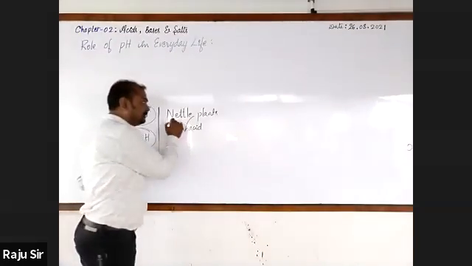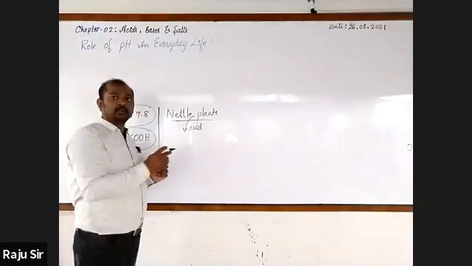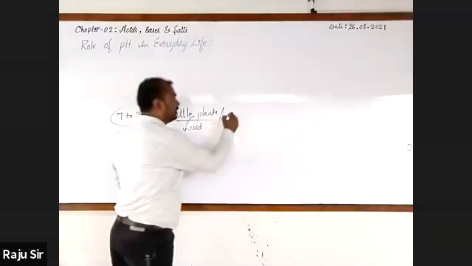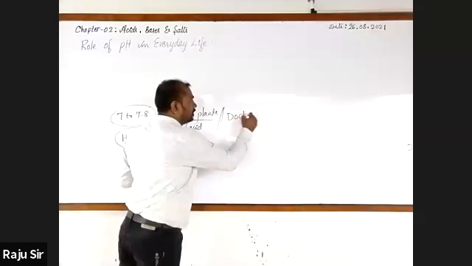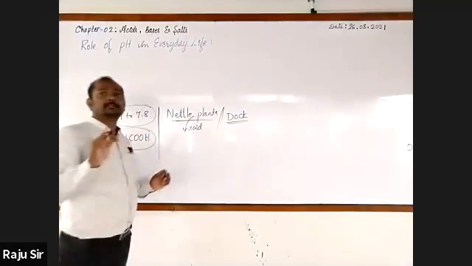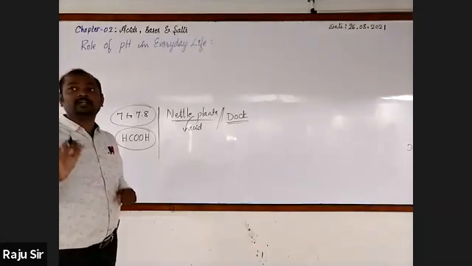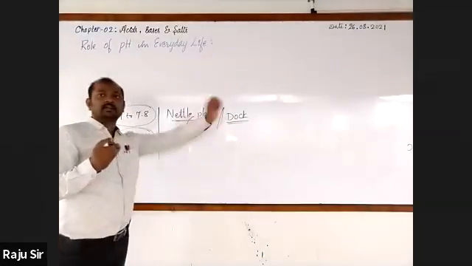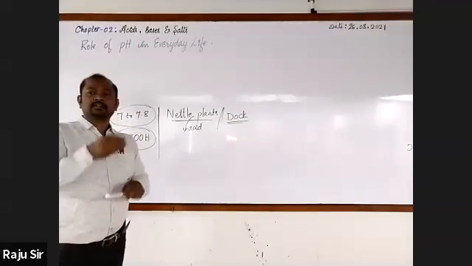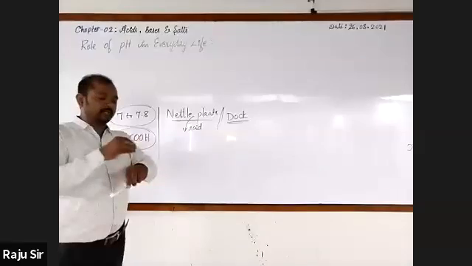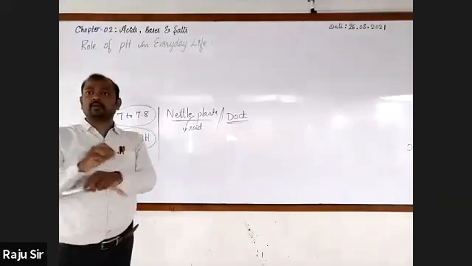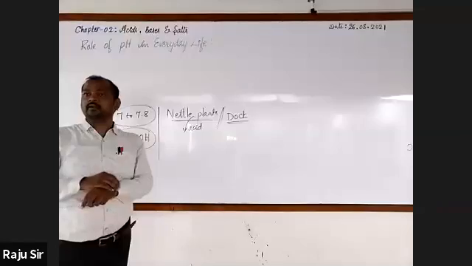A base. Beside that nettle plant only, another plant will grow. It is called the dock plant, which is basic in nature. Dock, D-O-C-K. You just take a leaf of that, extract the juice from it and drop it on the place where you got that pain and irritation.